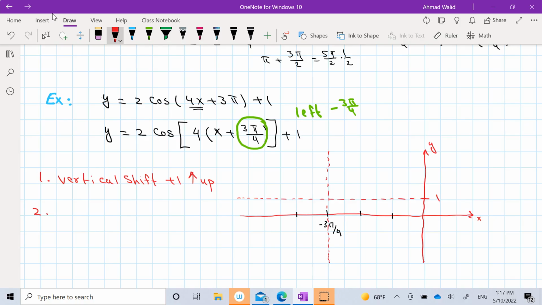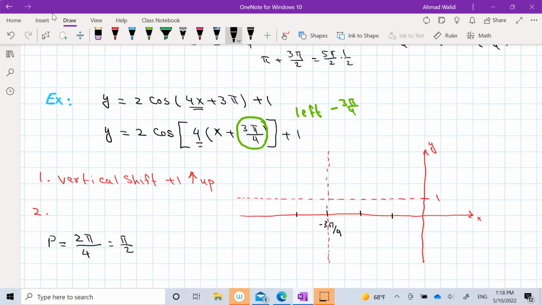Now you need to find the period, correct? You are done with your horizontal shift, vertical shift. You need to find in step 3 your period, which is P equals 2 pi over this number B, over 4, which gives you pi over 2. And you need to add this to your horizontal shift.